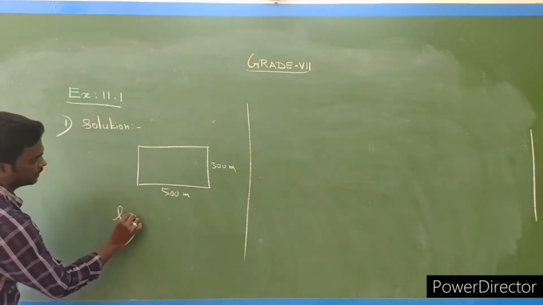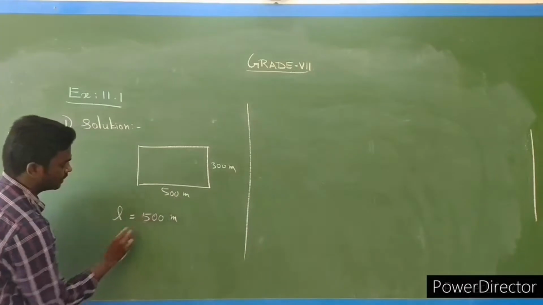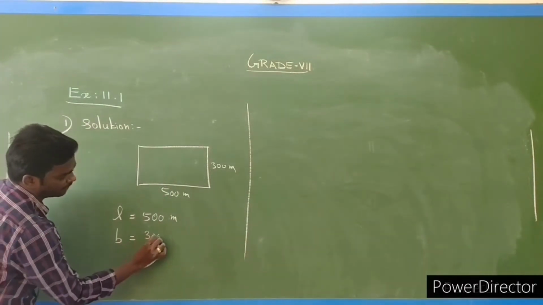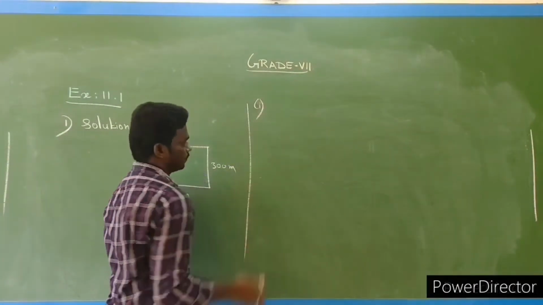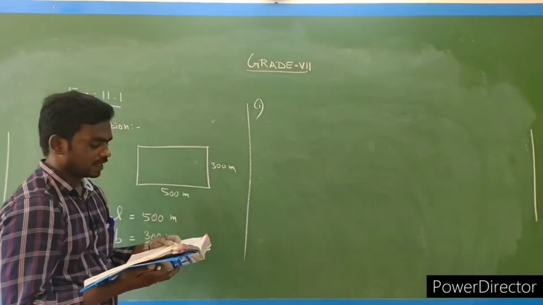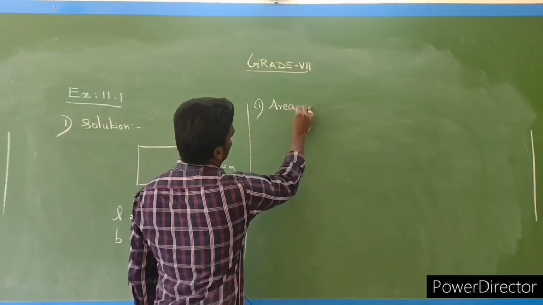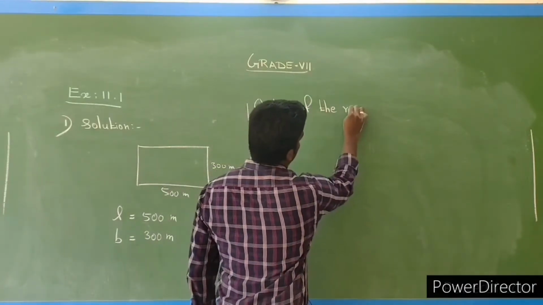Here L is equal to 500 meter. Next, breadth of the rectangular piece is equal to 300 meter. So first one, what is its area?